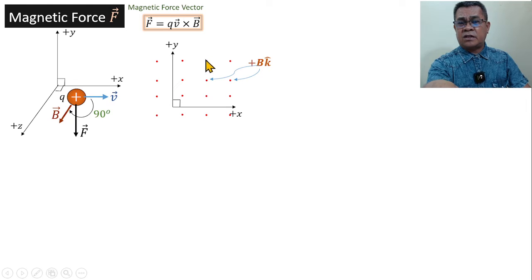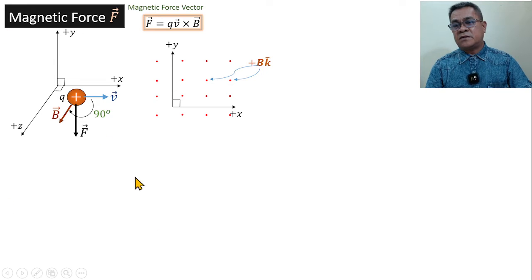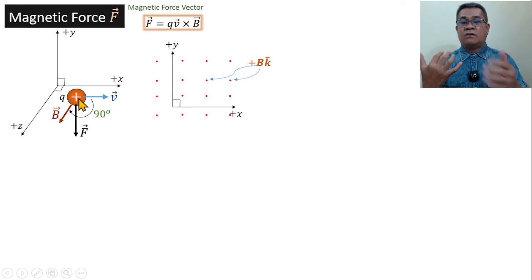Look at the red dots here. They signify the magnetic field. Remember, the magnetic field is not only one; it is composed of magnetic field lines. So this one represents only the magnetic field that acts on the charge, but whatever magnetic field is here is the same throughout the span, according to the problem.